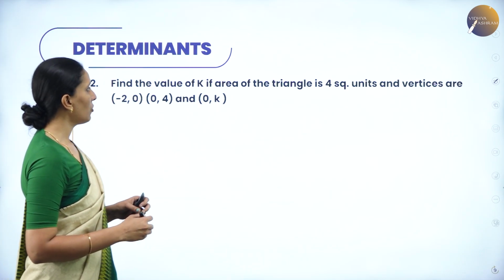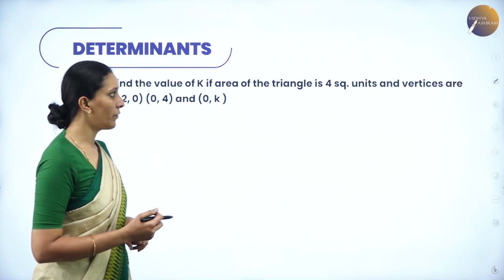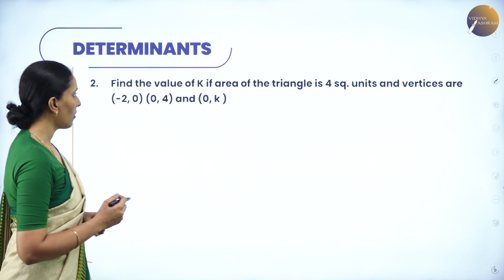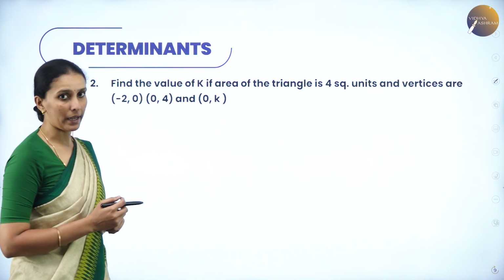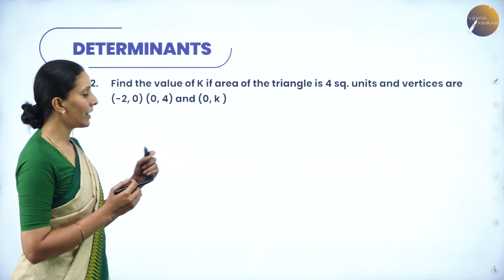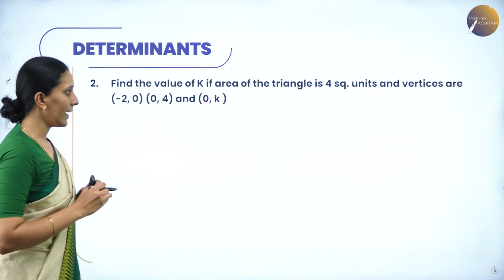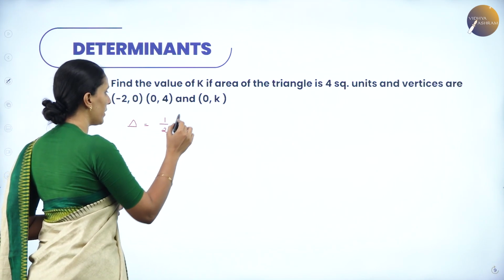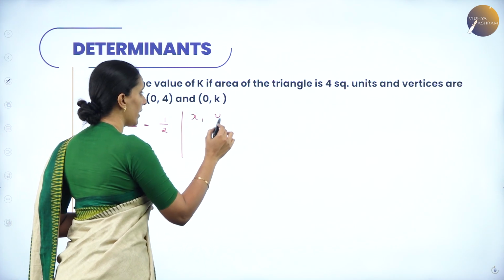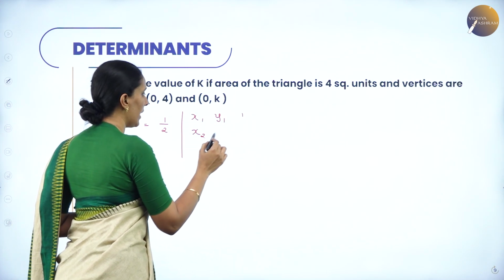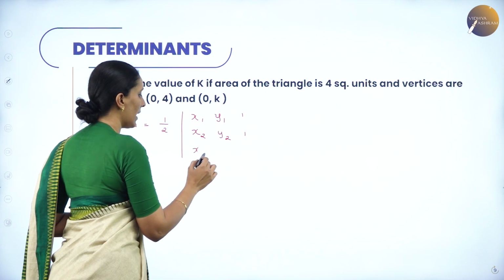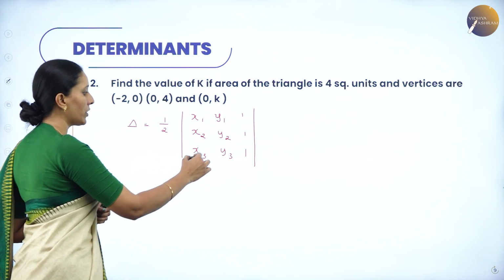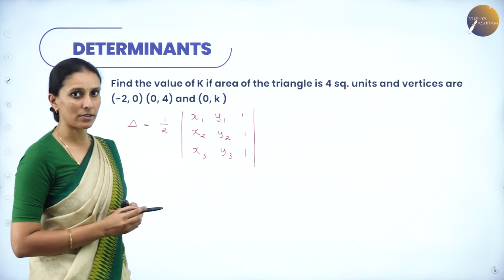So this is the equation of the required line. Next, find the value of k if the area of the triangle is 4 square units and the vertices are minus 2, 0, 0, 4 and 0, k. They have given the area of the triangle. We know that the area of the triangle is delta equal to 1 by 2 times the determinant of x1, y1, 1, x2, y2, 1, x3, y3, 1, where x1, y1, x2, y2, x3, y3 represent the vertices of the triangle.